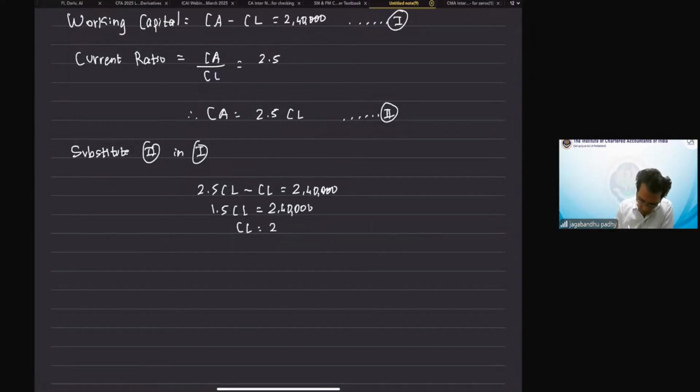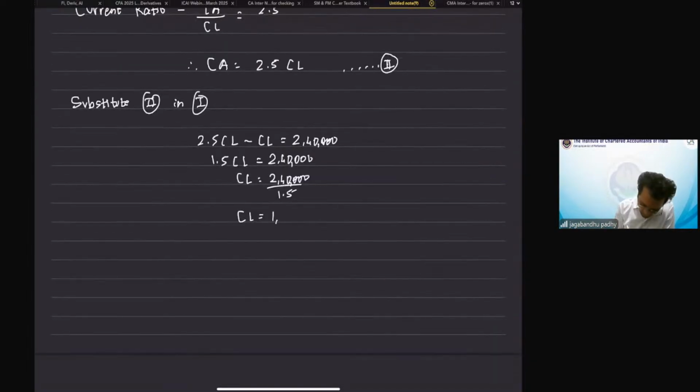Then current liability is 2,40,000 divided by 1.5. How much is this? What's the value of current liability? One lakh 60? Yeah. Okay, so current liability is 1,60,000.